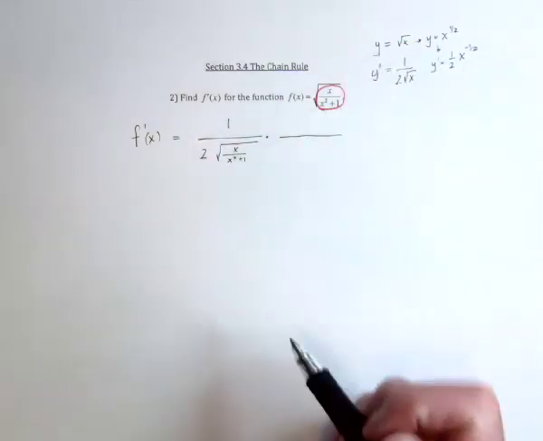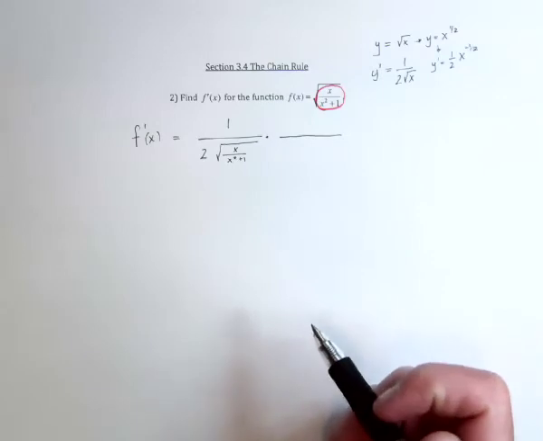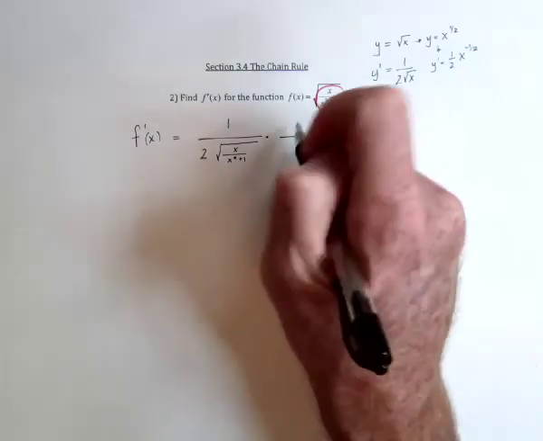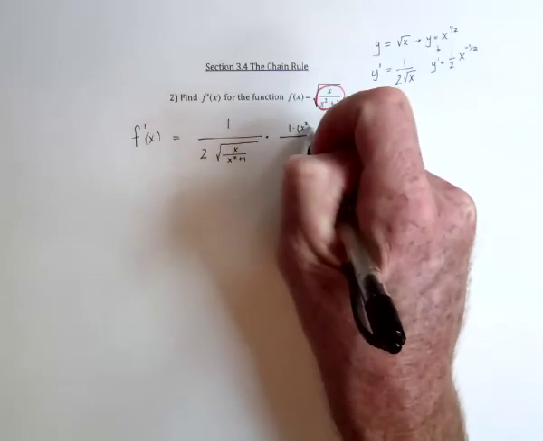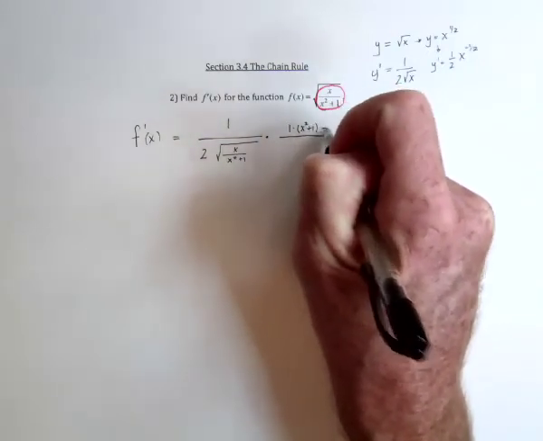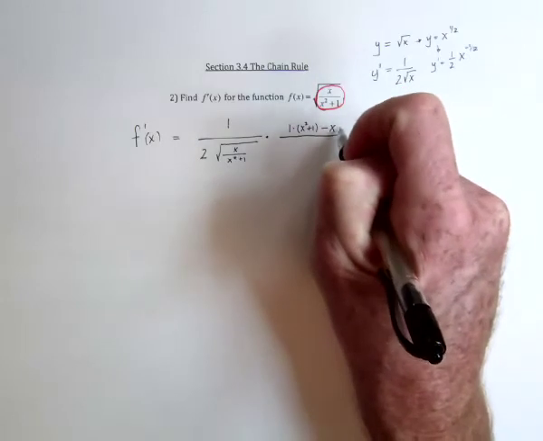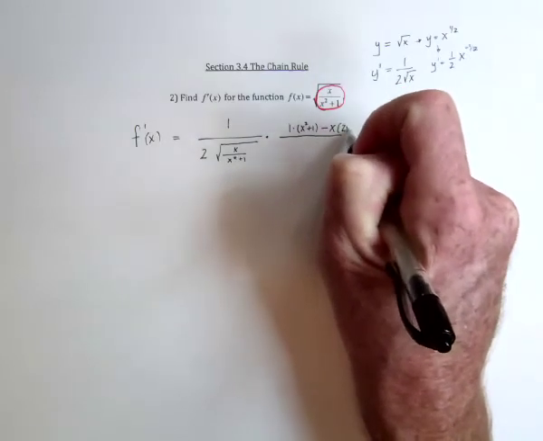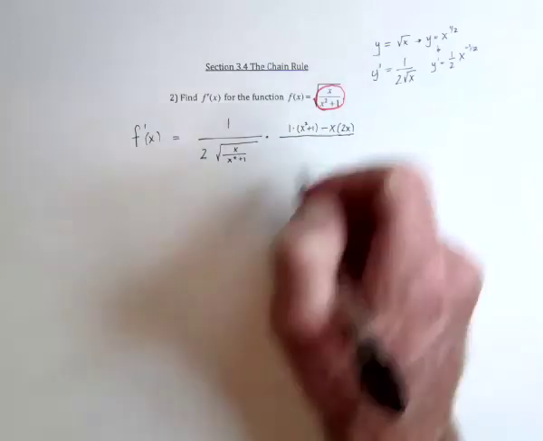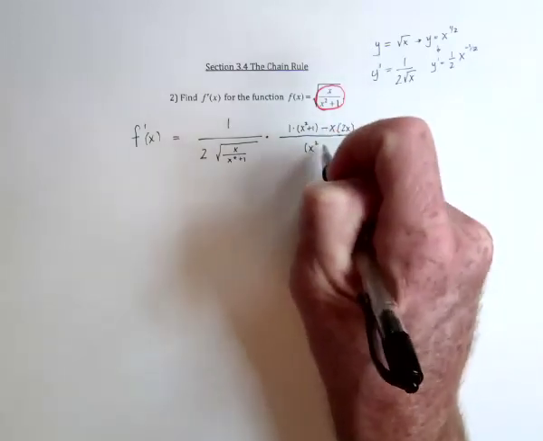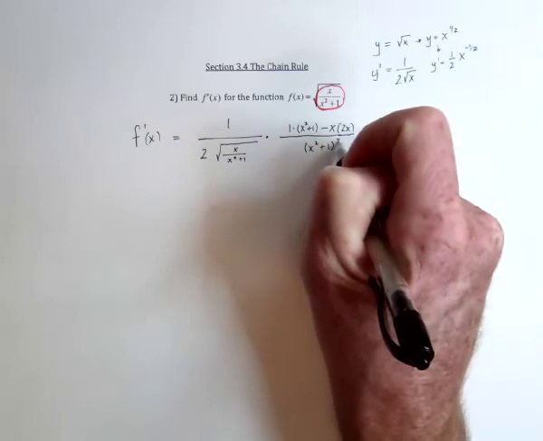So that's going to be the quotient rule. Take the derivative of the numerator and leave the denominator left alone, minus, leave the numerator alone and take the derivative of the denominator. And then the denominator is squared.